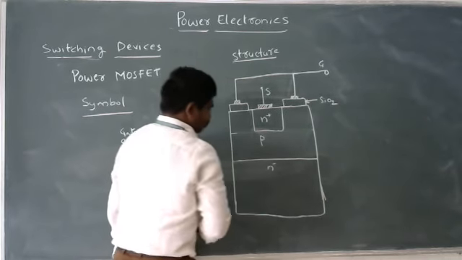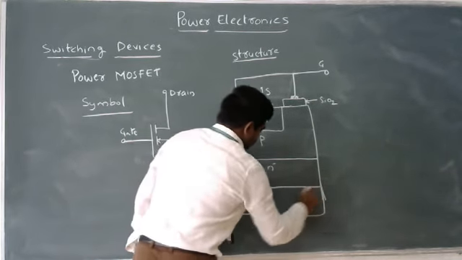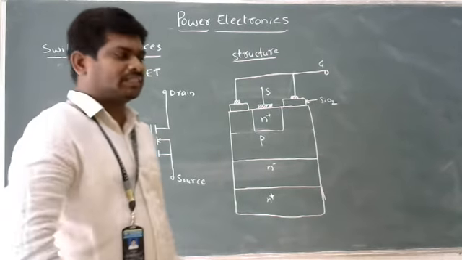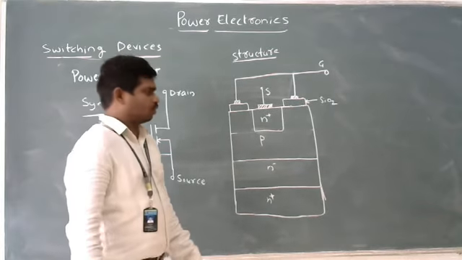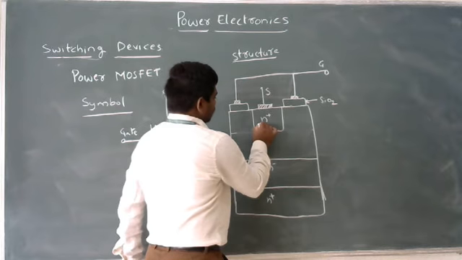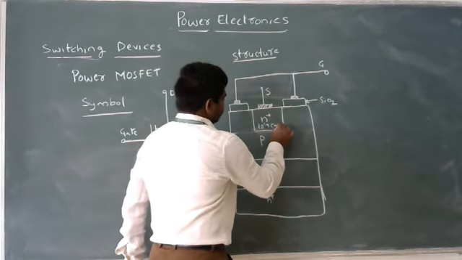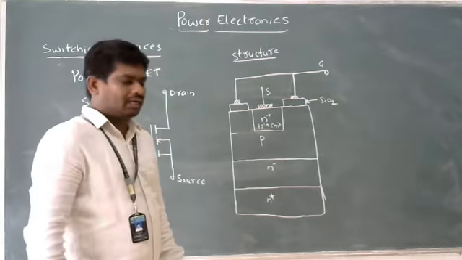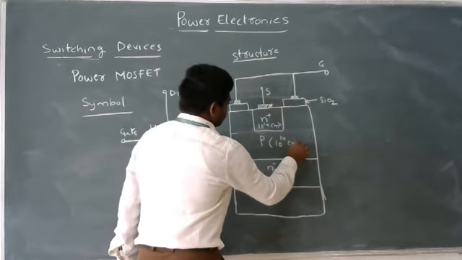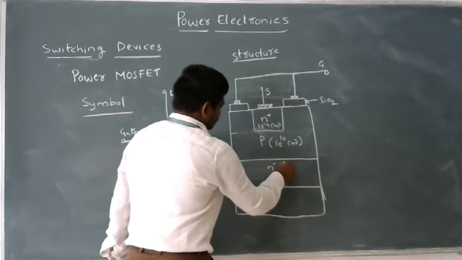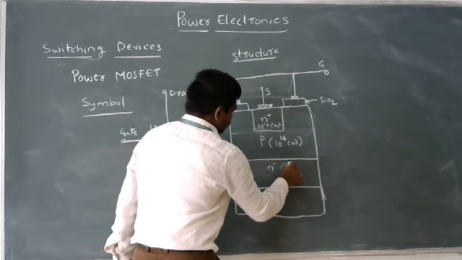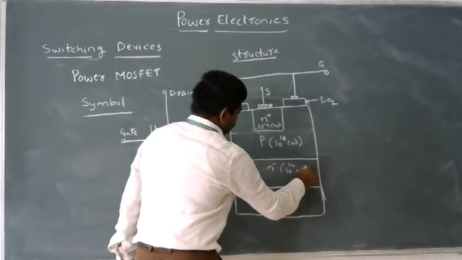This is the N minus portion, then N plus. As we saw in the last video, the doping sizes are 10 power 19 per centimeter cube, around 10 power 14 per centimeter cube, then 10 power 16, and 10 power 14 per centimeter cube.